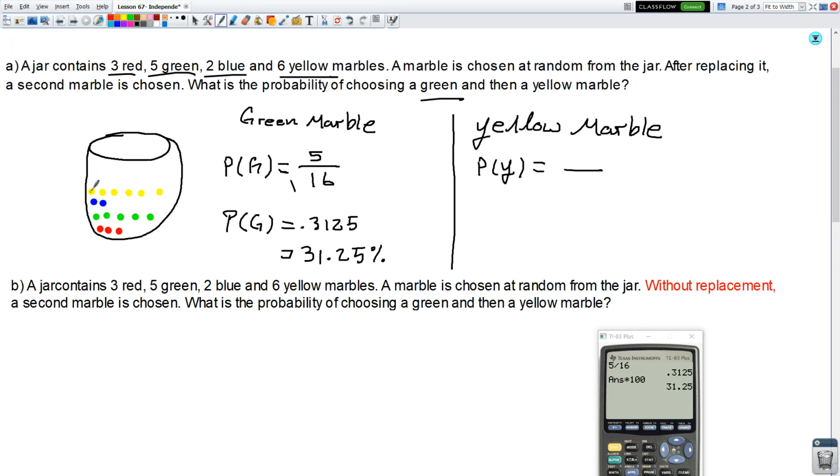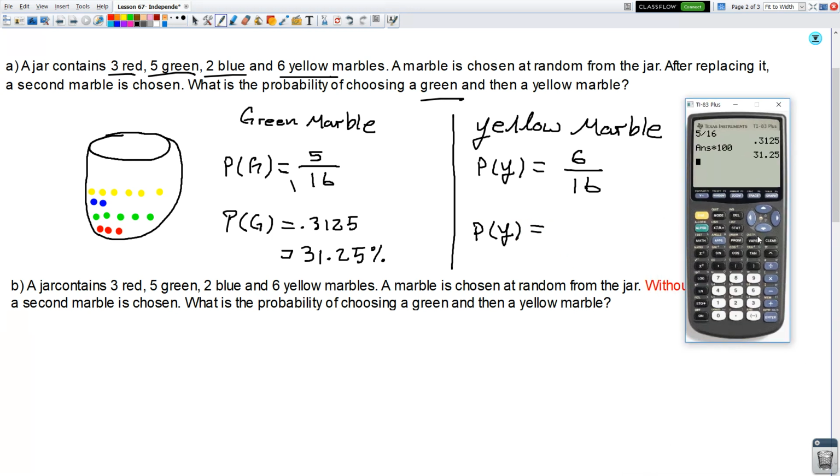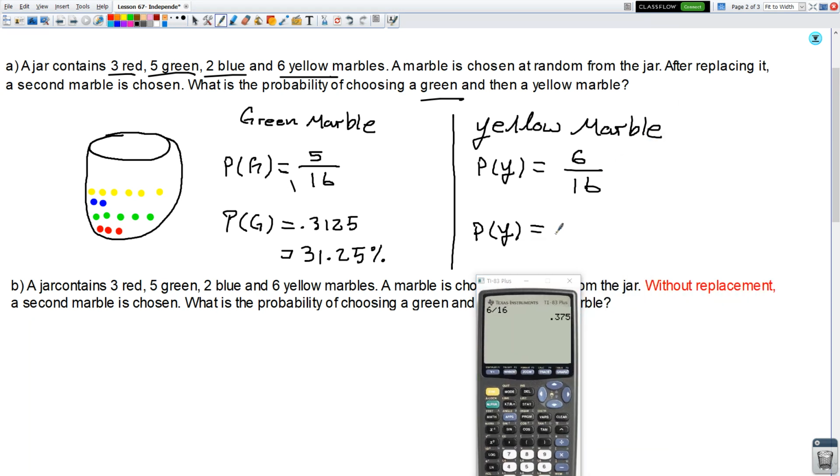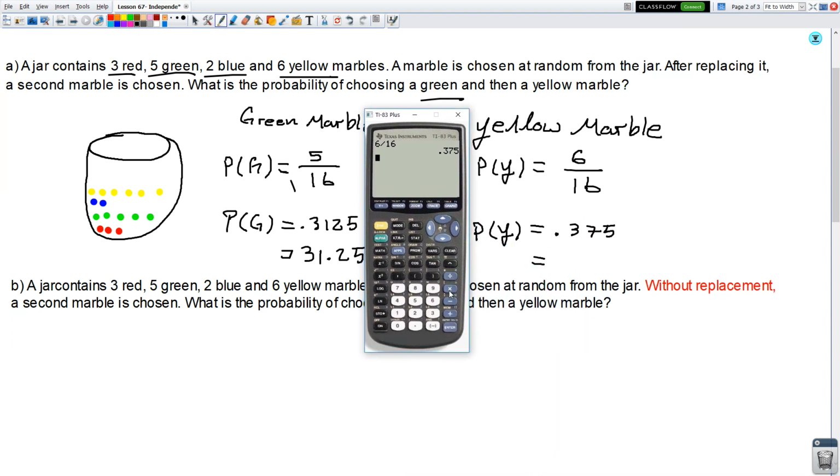We have 6 yellow marbles. Now, how many different options of marbles do we have? If we count them again, we have 16. So the probability for us to choose a yellow marble is going to be 6 divided by 16, which is 0.375, but we want an actual percentage, so we're going to multiply that by 100.